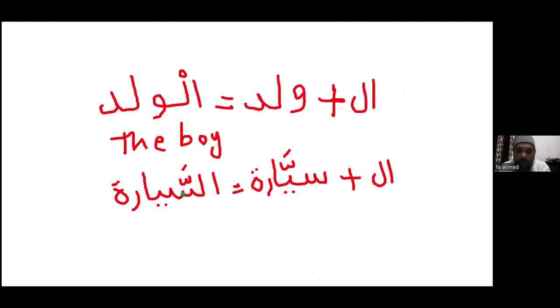So what is the rule? Please understand what the rule is. If a word starts with a moon letter, we read the lam, like "al walad". If a word starts with a sun letter, like sin, we don't read the lam, like "as sayyara", not "al sayyara". I hope you got it. And one more thing.